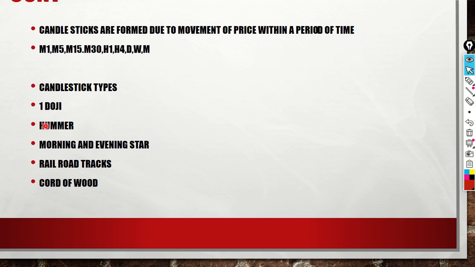So we have a doji, a hammer, morning star and evening star, railroad tracks and a cord of wood. I'm going to explain more on candlesticks later in the course, because you have to know which candlestick is the right candlestick for you to enter. A candlestick does not matter unless it is seen in the right context of the market.